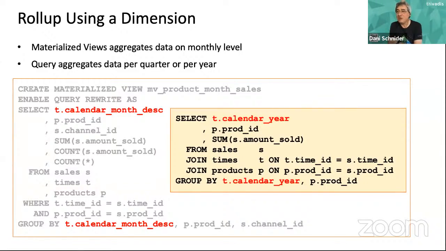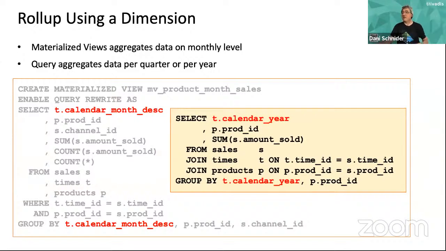For example, here on the calendar, we have a materialized view with monthly aggregations. That means we have the total for every month, but we want to know the total per year or the total per quarter. And the question is, how can we do that without creating a materialized view for every distinct level on the calendar hierarchy or any other dimension table?